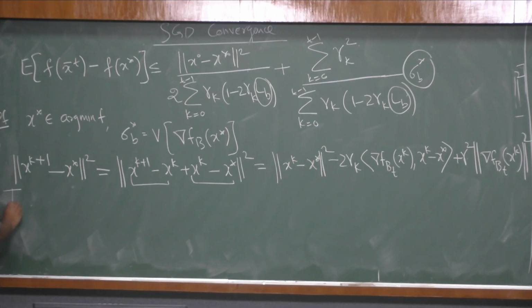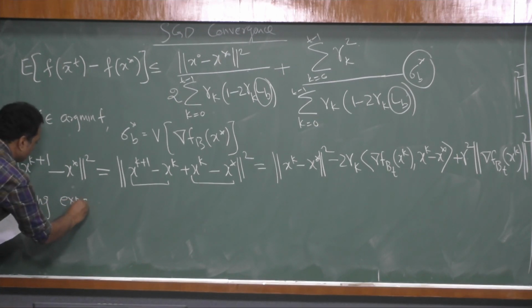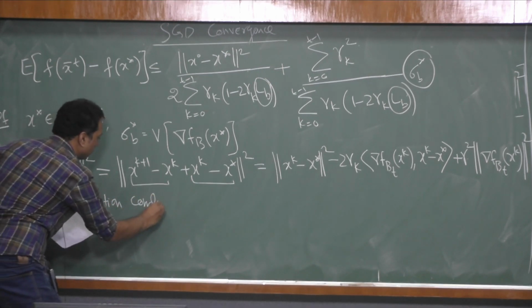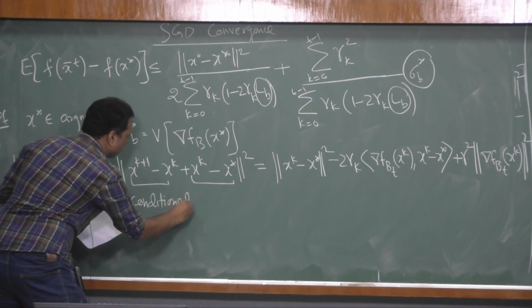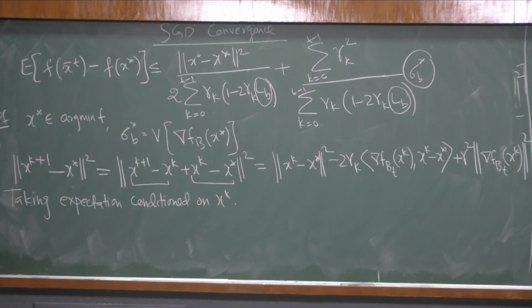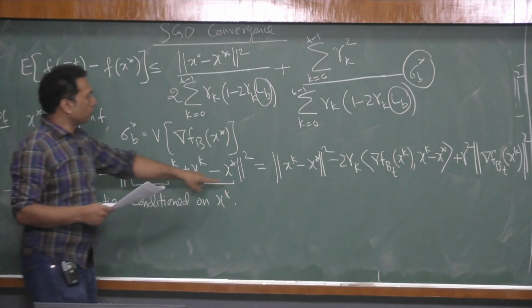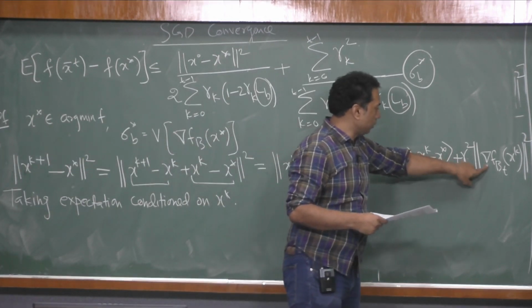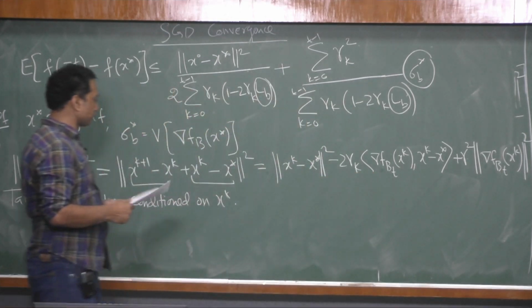So we will take expectation conditioned on x_k. The expectation applies here because x_{k+1} will be a random variable, and it applies to these terms because they are random variables.